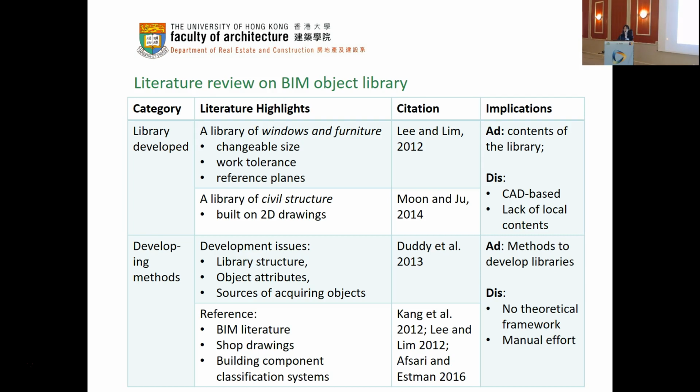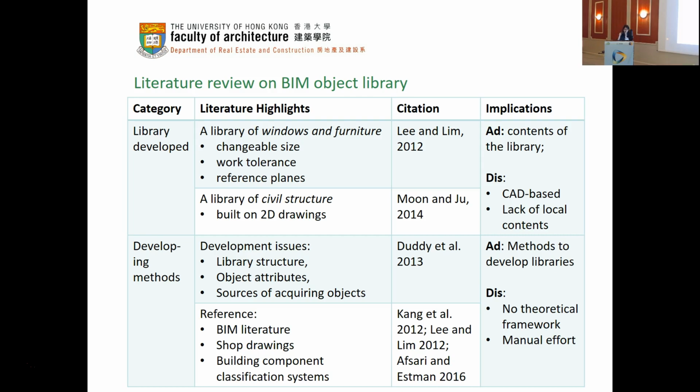Research efforts have also been paid to how to develop the BIM library, such as suggested by Durado in 2013. There are three issues concerning the development of a BIM object library: library structure, object attributes, and source of acquiring objects.